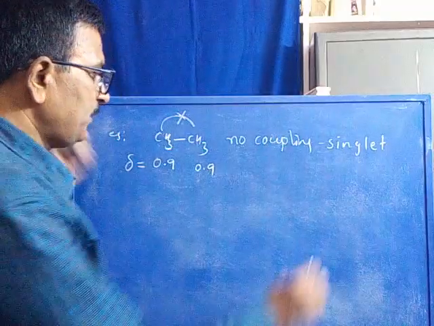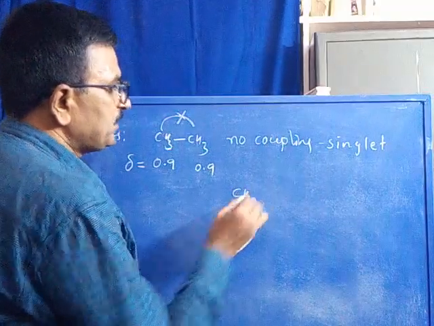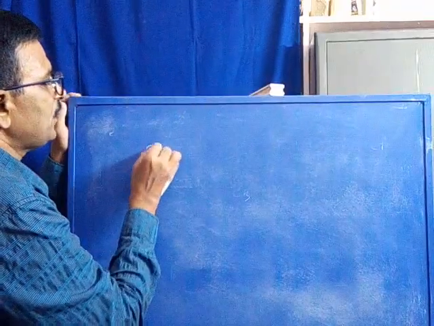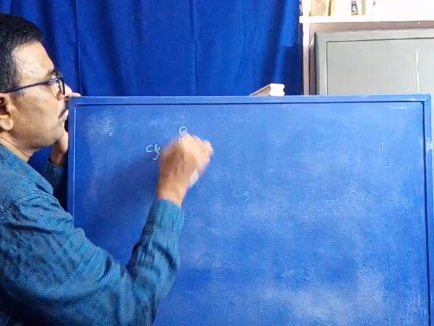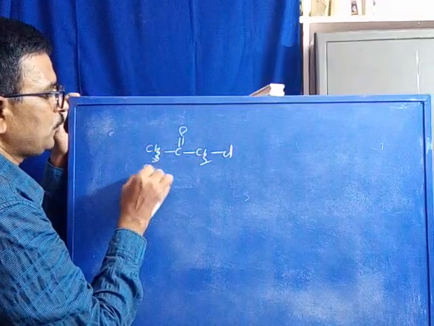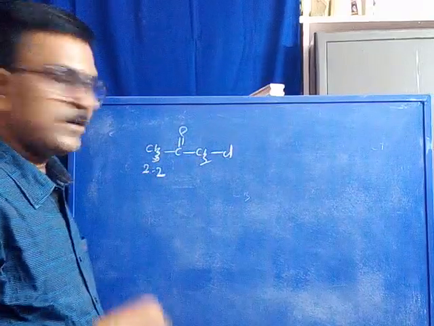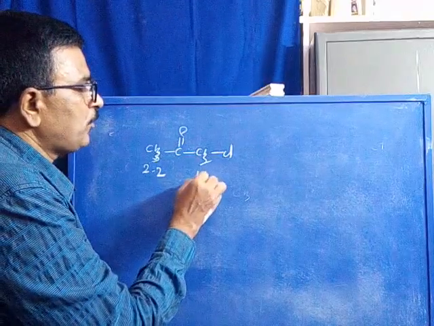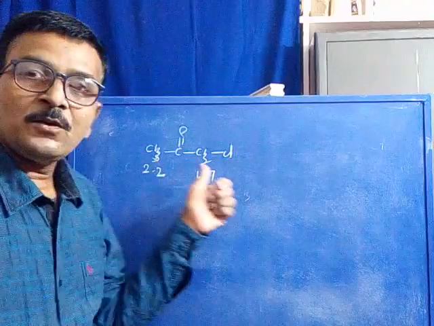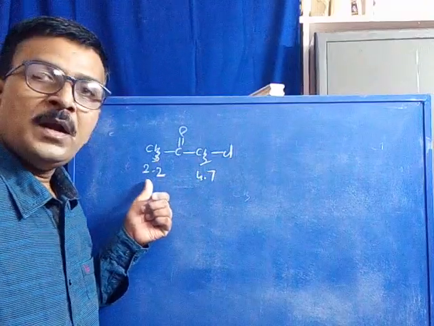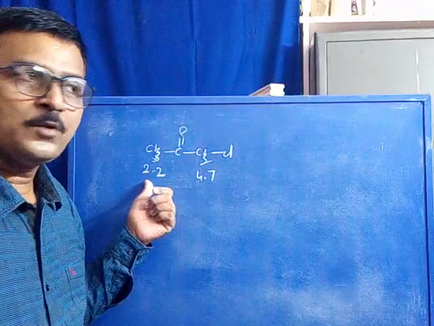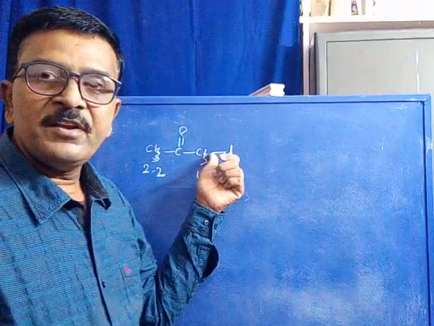Is it clear? Similarly, you take CH3, C double bond O, CH2 and Cl. Say 2.2 ppm delta value for the CH3CO group, say 4.7 ppm for CH2. You see, there are 2 sets of protons, one appearing at 2.2 for CH3 and the other at 4.7 for CH2.